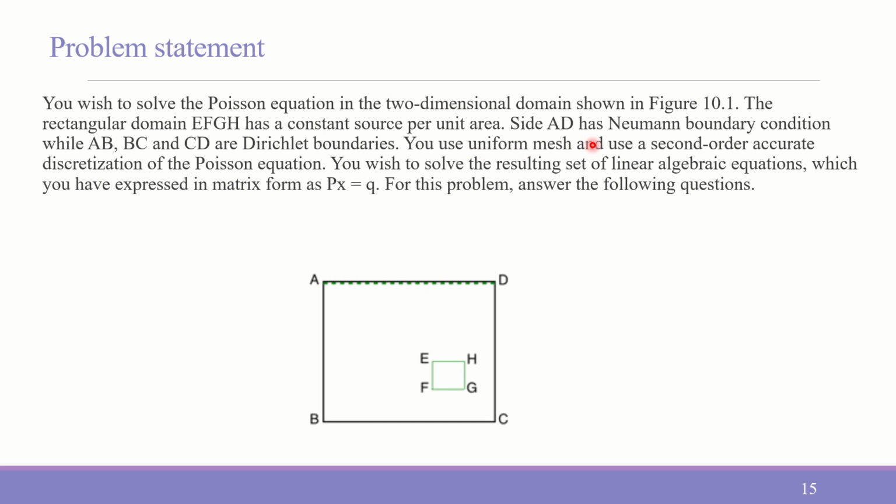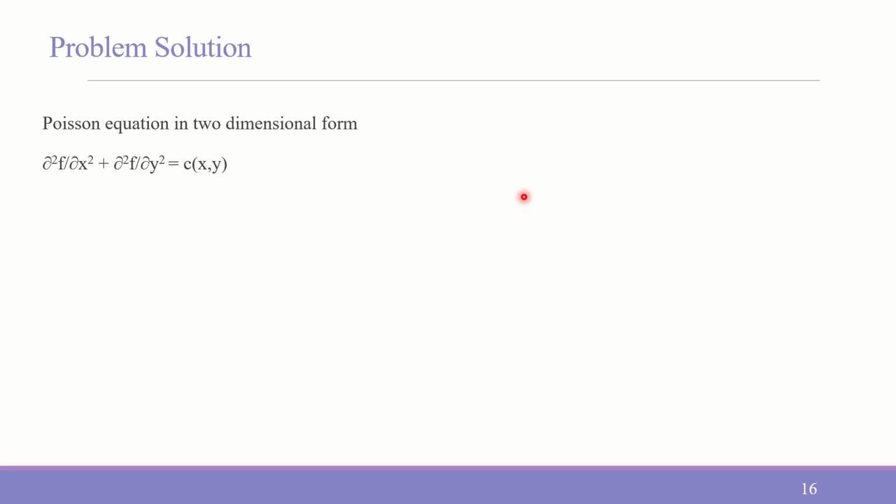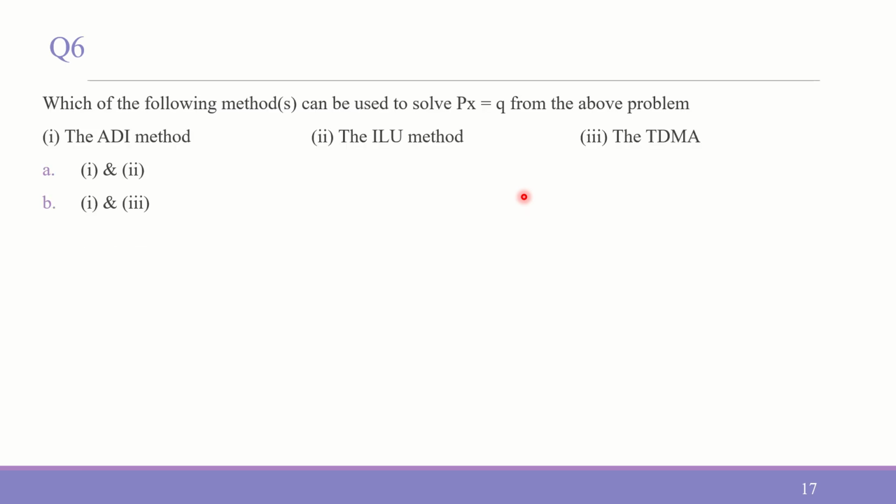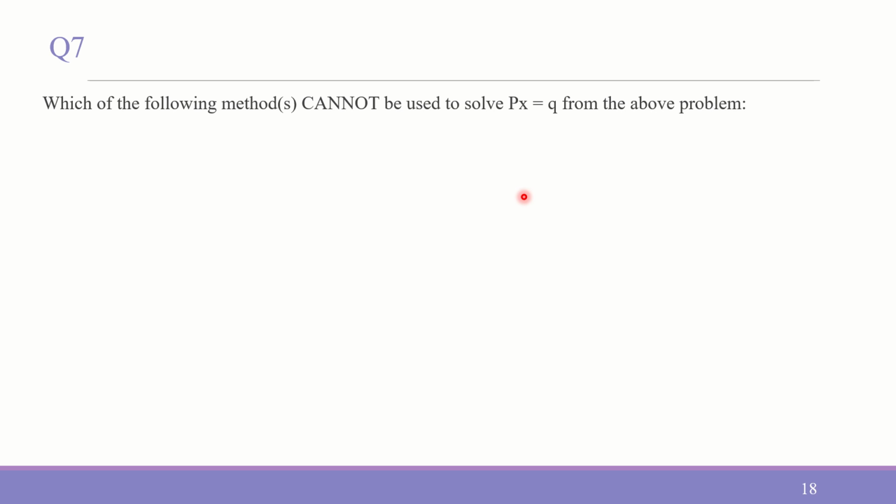You use a uniform mesh and a second order accurate discretization of the Poisson equation. You wish to solve the resulting set of linear algebraic equations, which you have expressed in matrix form as Px is equal to Q. For this problem, answer the following questions. The Poisson equation in two-dimensional form, we have seen this. So now we are clear that anything that happens to the source term only affects the column vector Q, because EFGH has a constant source per unit area.